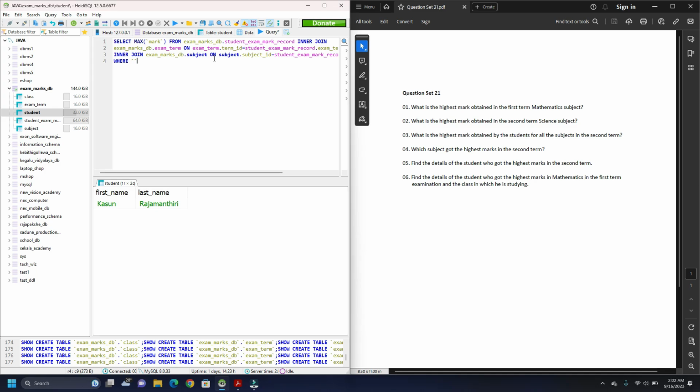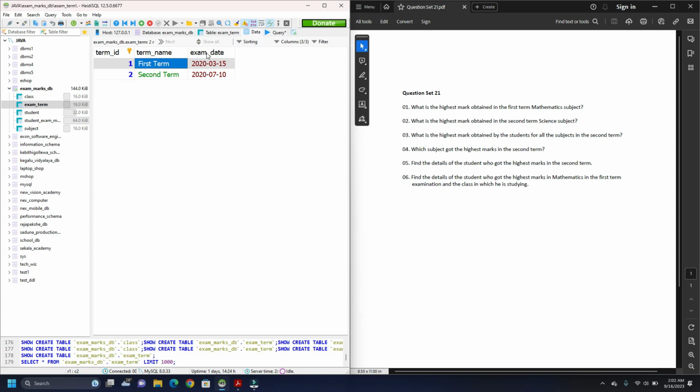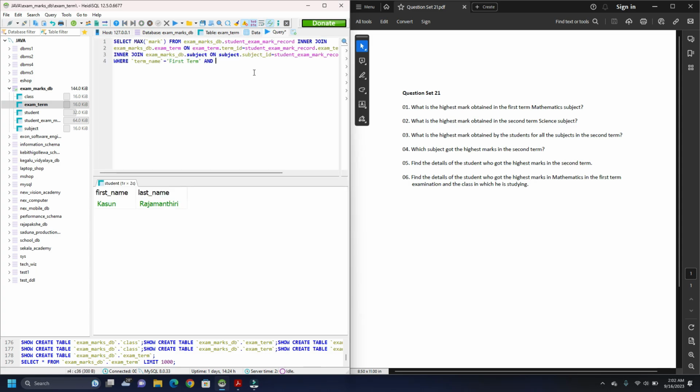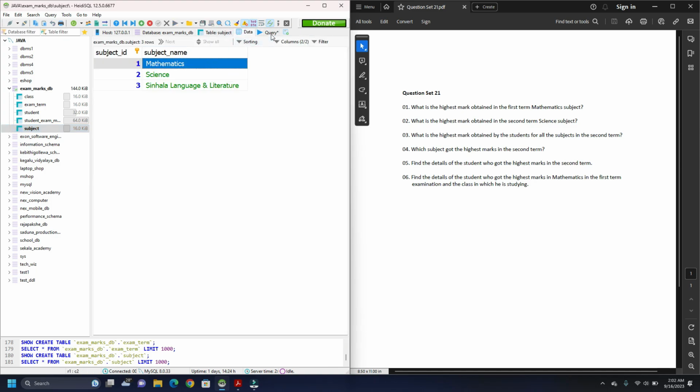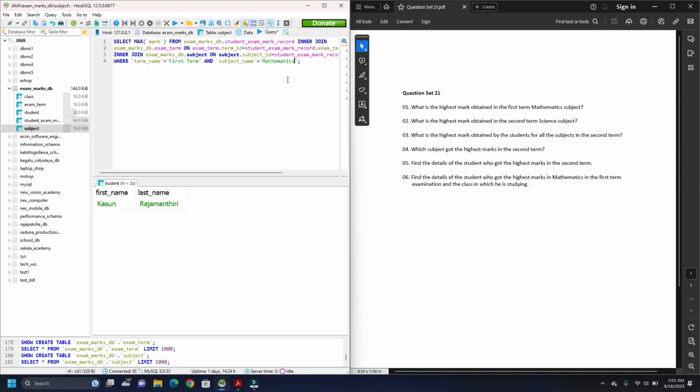So the term name is first term, and the subject name is mathematics. And there you go, we have written the query for the first question, and let's go ahead and execute it. And there you go, the max mark of mathematics subject in the first term came out as 90.